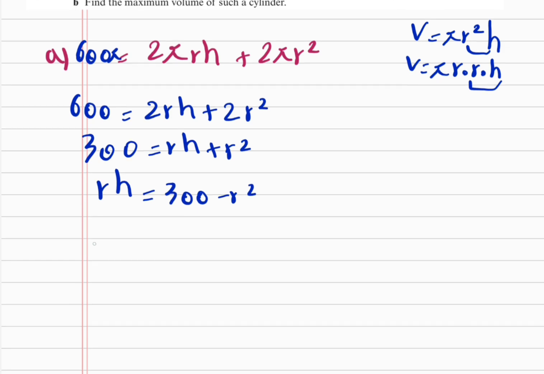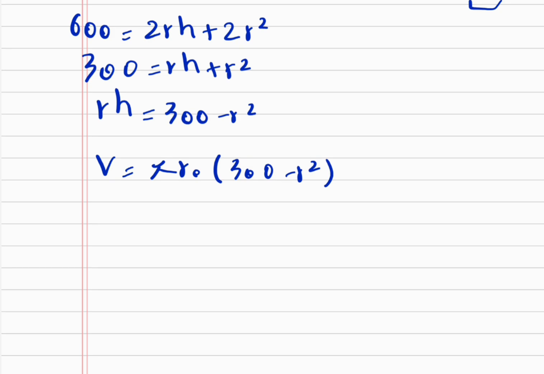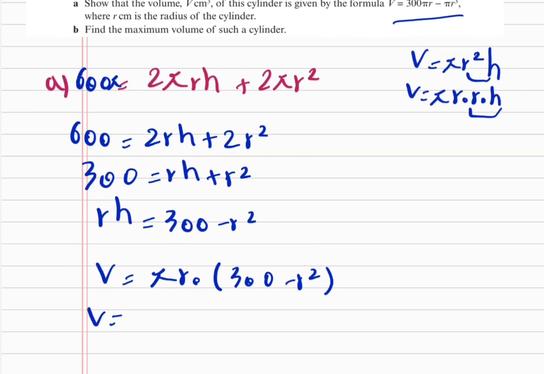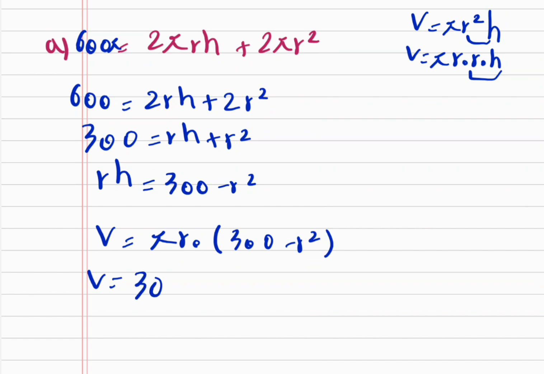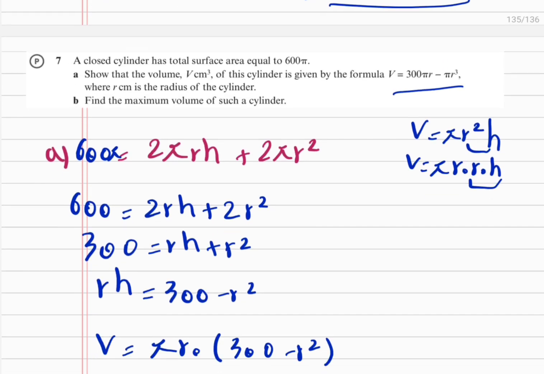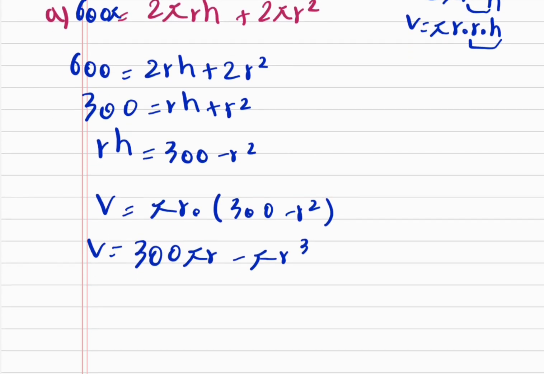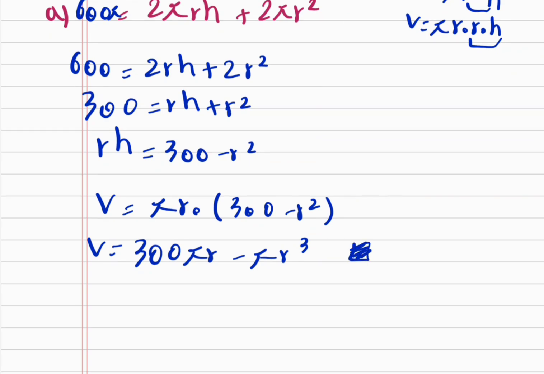So we can then write that volume is equal to pi r times rh, but we substitute 300 minus r squared into that. And now let's expand and see if we get the same thing as the question. So we get 300 pi r minus pi r cubed. So yeah, that's exactly what we wanted to get. So this is the formula of the volume.